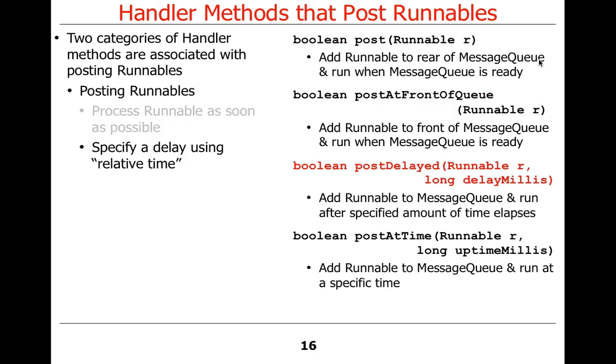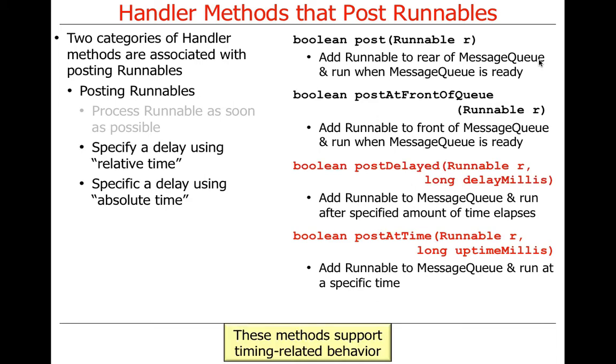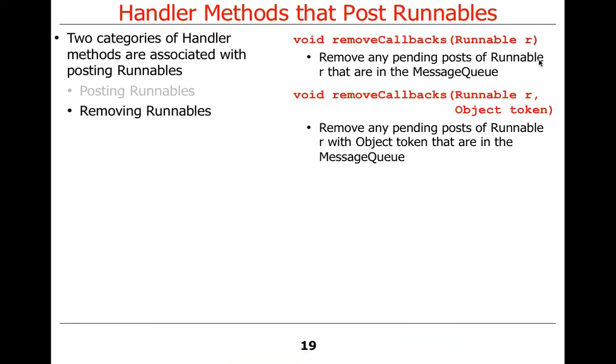Then there's also one where you can give a relative time, relative to now. So you can say post this and run this in 2 seconds. And then there's also one where you can post something in absolute time, where you give it a time. It's basically used by taking the current time of day and adding some delta to it. These obviously both support timed methods.